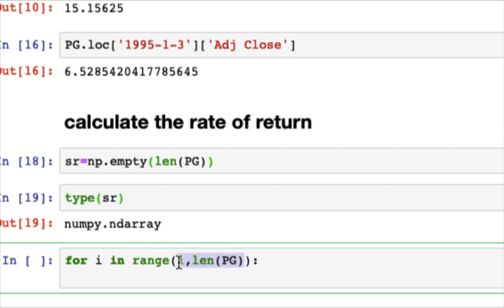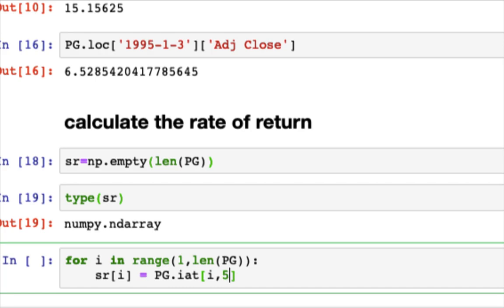Pay attention that I start from 1 and not from 0, and there is a reason. If I start from 0, I will run into a problem. So SR of i will be equal to PG.iat, so the value in position i, on row i and column 5. 5 is the fifth column, it's adjusted close.